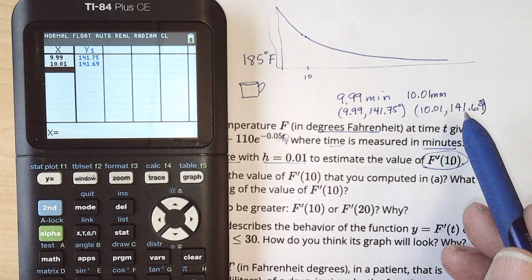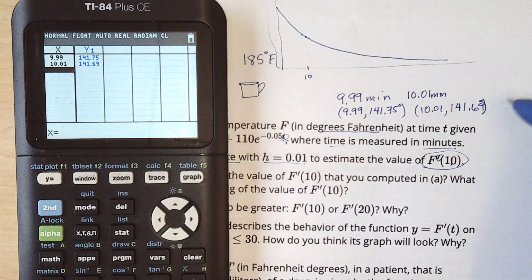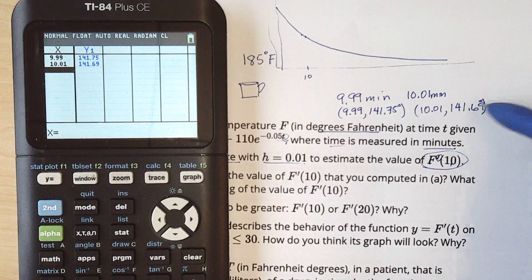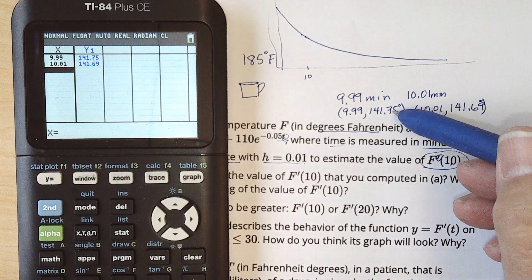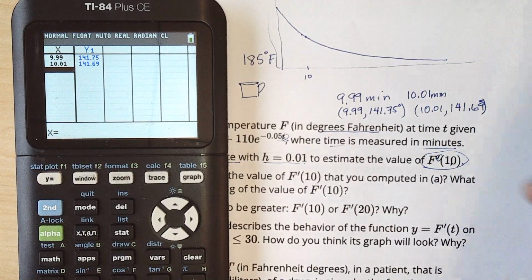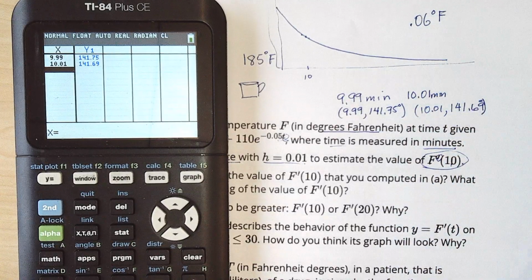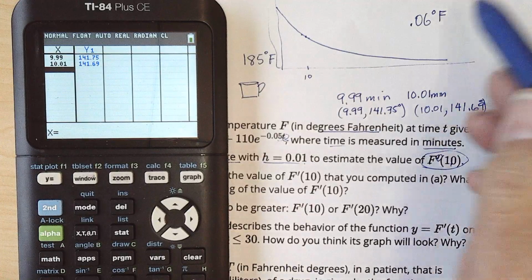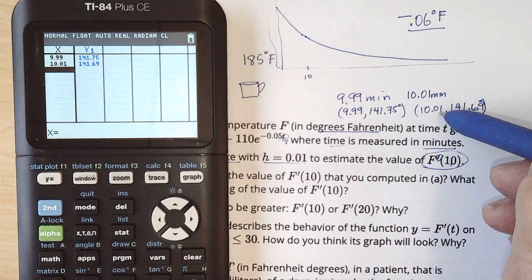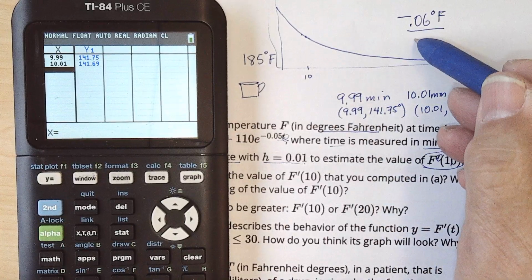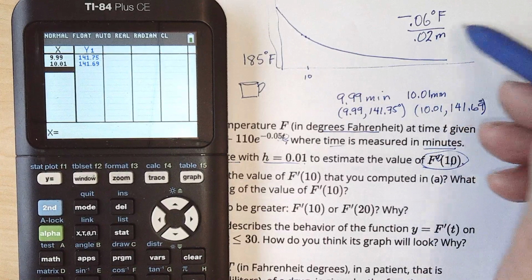So I want to find the slope so I know how fast it's changing at 10. This is going to be an estimate. So I'm going to take y2 minus y1, and it went from 75 to 69. That's 0.06 degrees Fahrenheit lower in temperature, so it's down that much, over the time that changed was 0.01 twice, or 0.02 minutes.